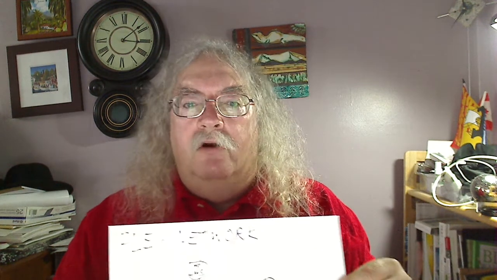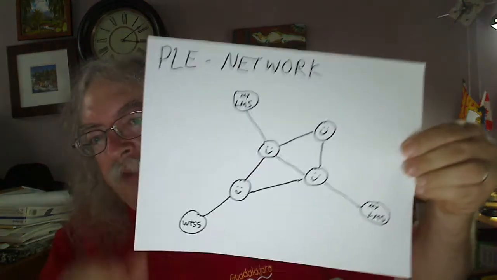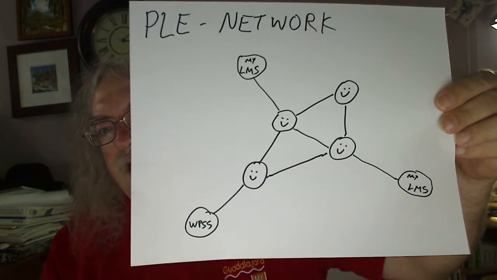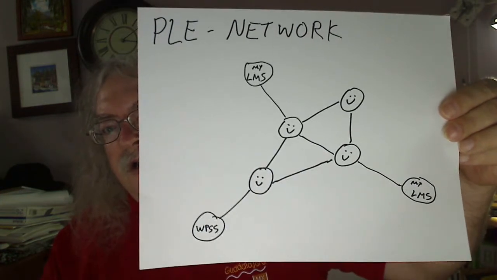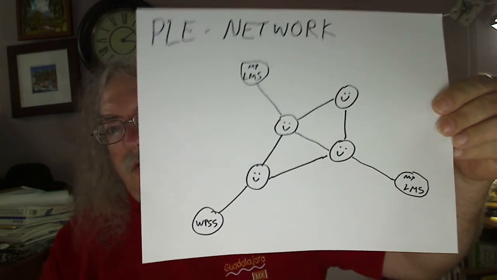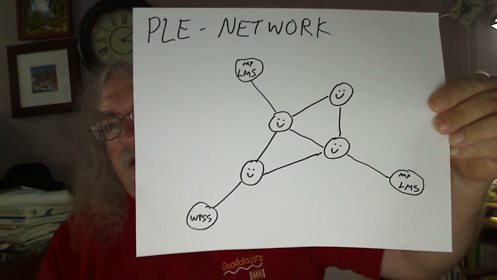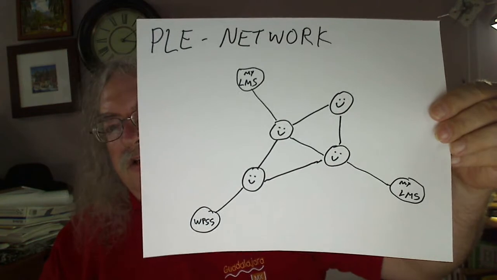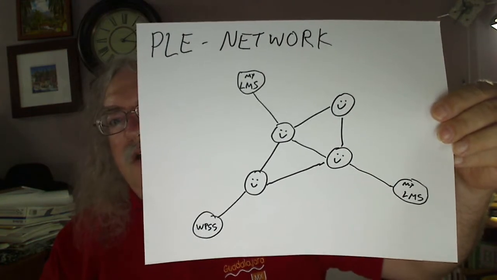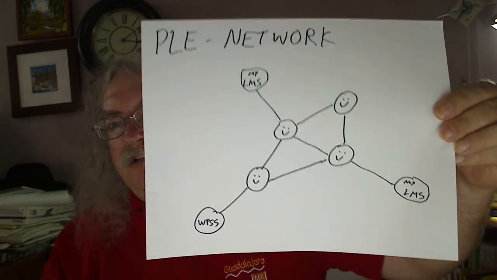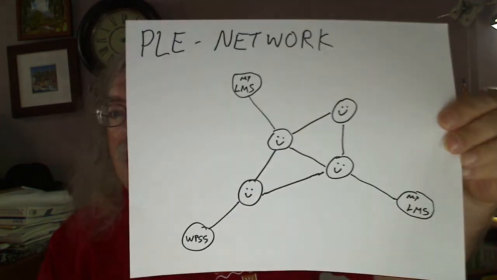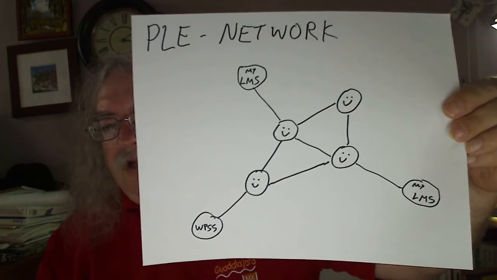Here's how personal learning environments look at networks. Instead of connecting LMSs with each other, we connect individuals with each other. Each individual is directly connected with the other. They can connect by sending messages, sharing resources, or however they want. They can access any third-party system to form this connection that they want, including an LMS, but they're not required to join an LMS.